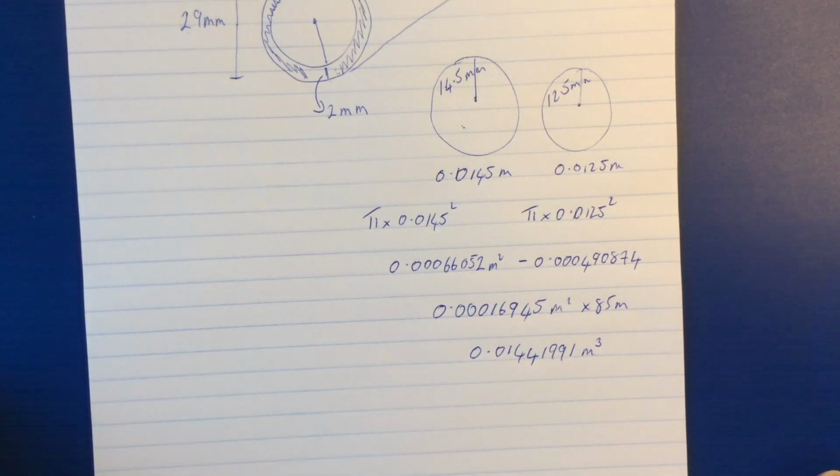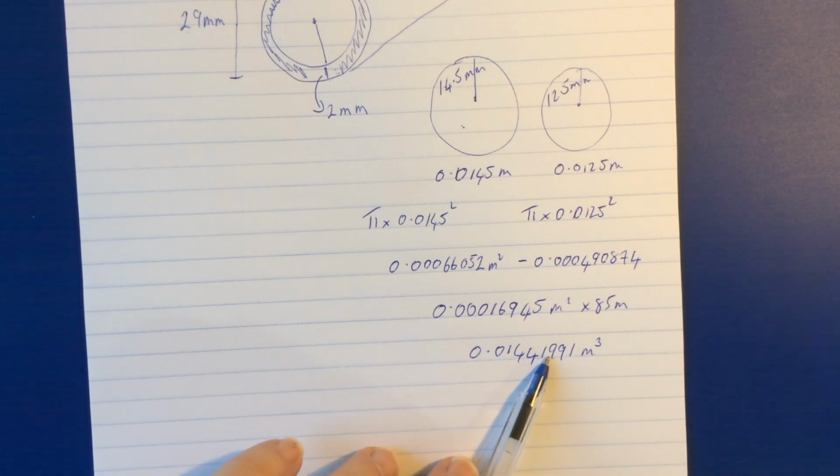So if you were looking for the nylon or the rubber or whatever it is that makes up this pipe, what you'd need to source is 0.00144191 cubic meters in order to make this. That is the volume of that shape.